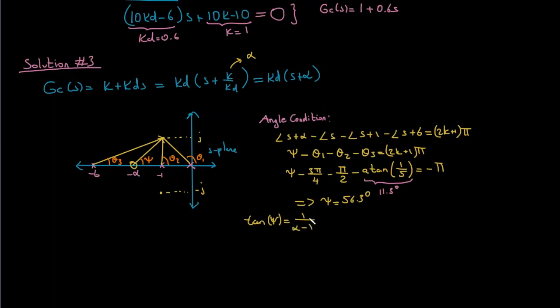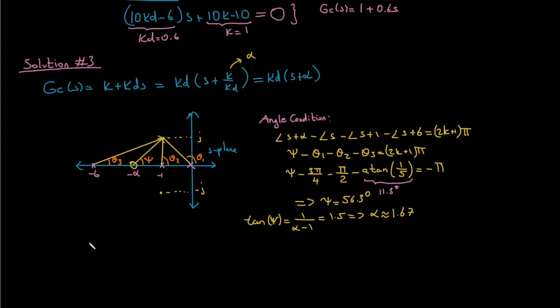And apparently the tangent of 56.3 is something like 1.5. And from there, alpha is approximately 1.67. Then the next thing to do is to write down the magnitude condition and find the corresponding KD value.